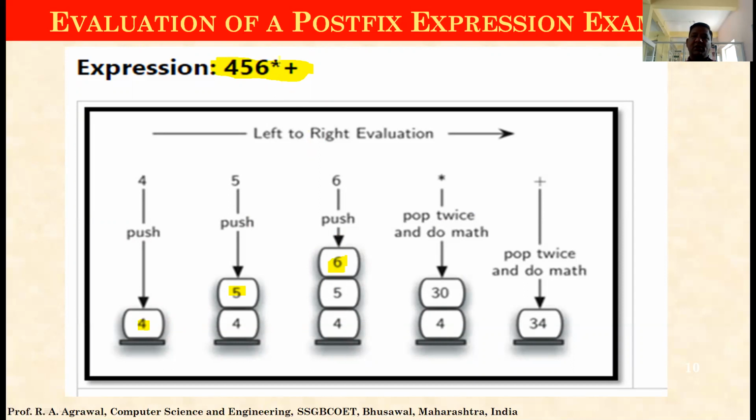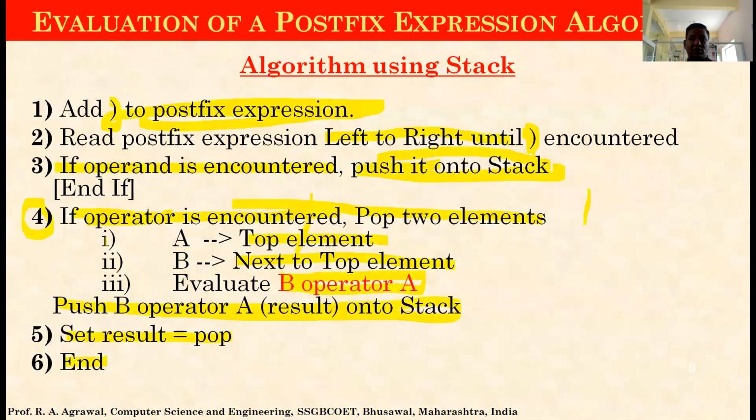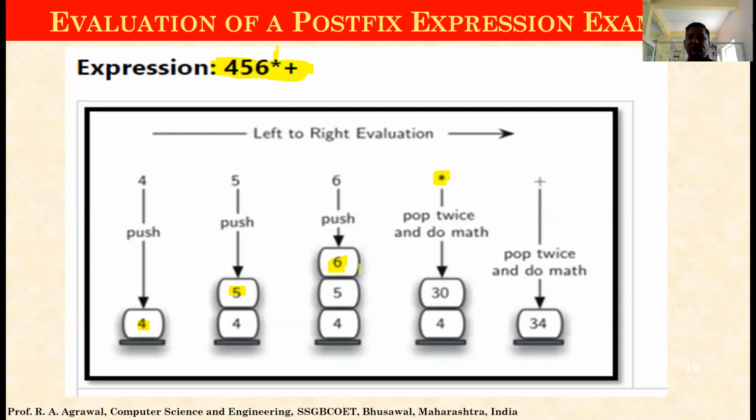Next, keep in mind, is the multiplication. When a multiplication is encountered, just remember step number 4. If an operator is encountered, pop 2 elements from the top of the stack and perform B operator A. Here the 2 elements are 6 and 5. Here 6 is A, 5 is B. So 5 into 6 is 30.